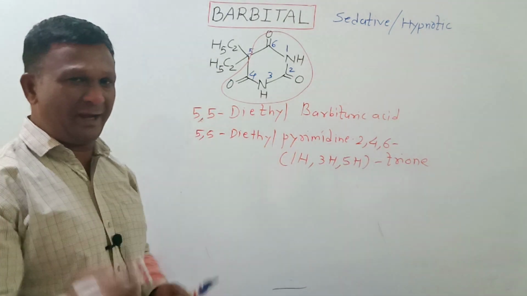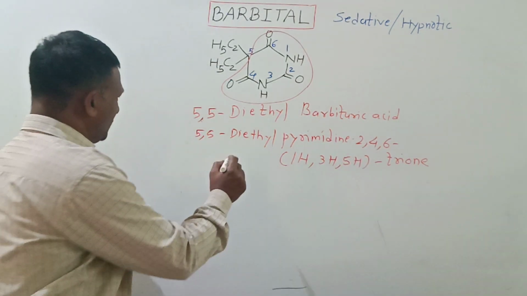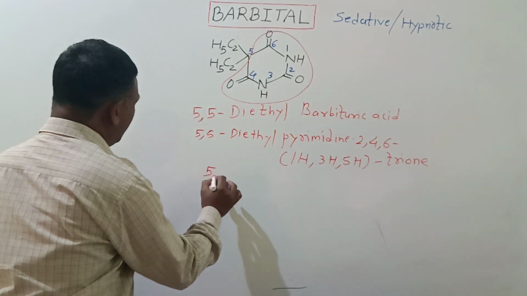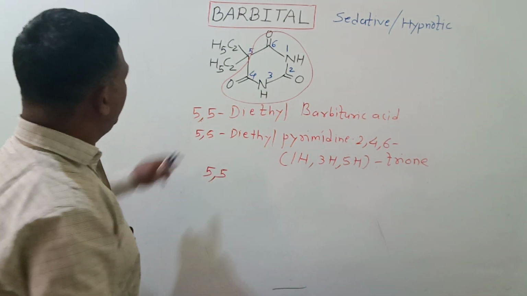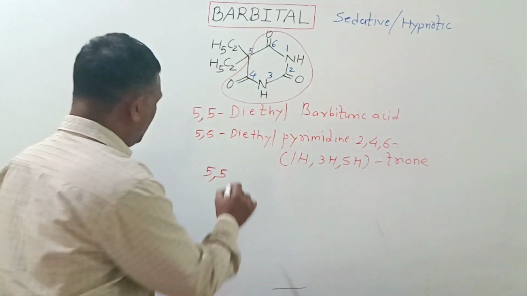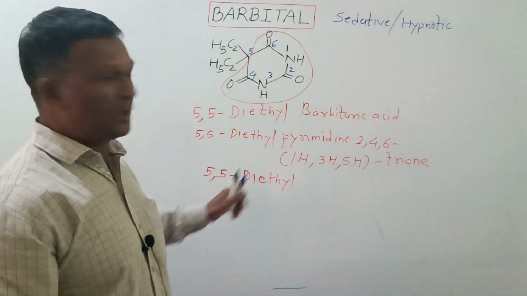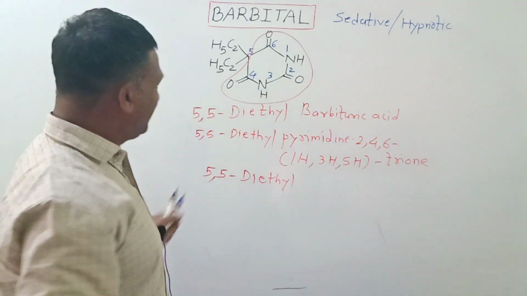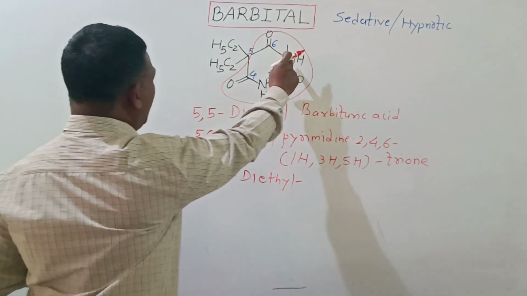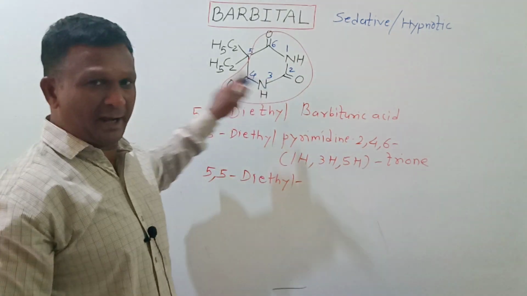Now one more way is that we can write the nomenclature as 5,5-diethyl diazine. The 2 nitrogens are at position number 1 and 3.